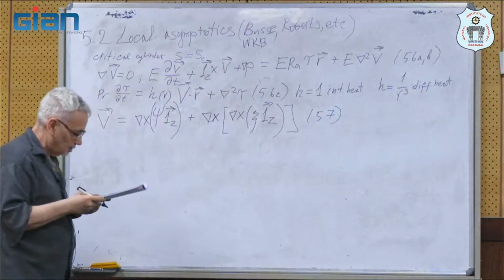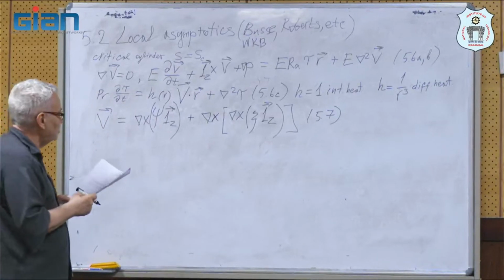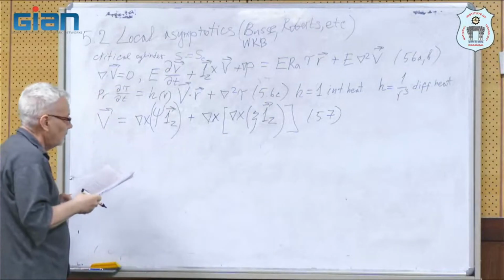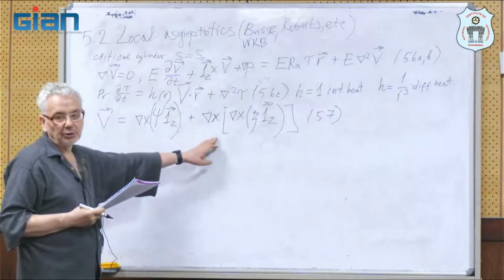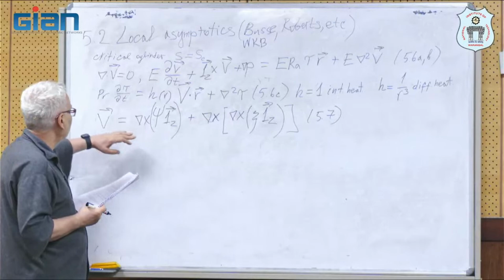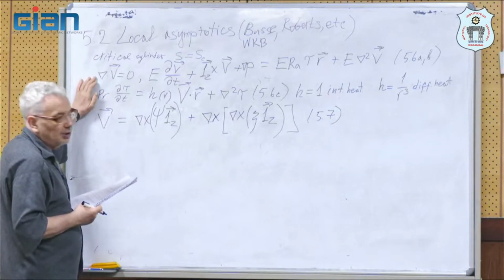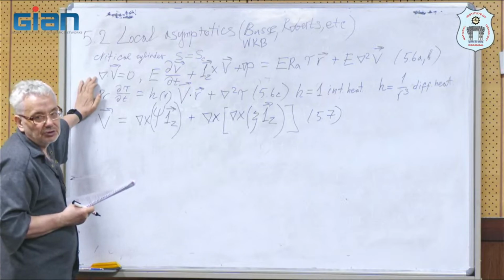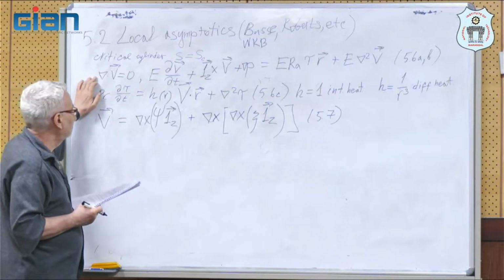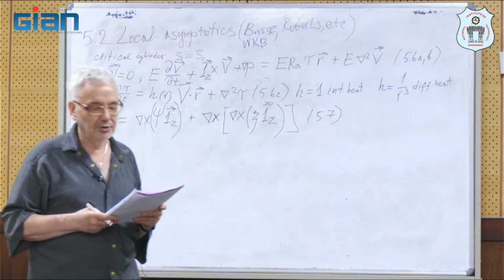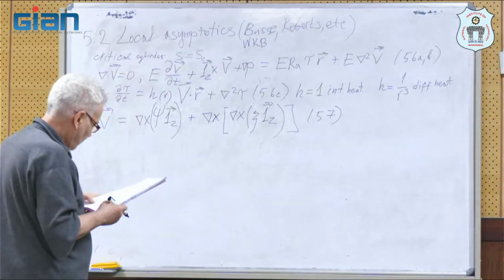In this standard toroidal-poloidal representation, it's actually a toroidal part and a poloidal part. You see that everywhere we have rotor. So this selection of the velocity field automatically satisfies the divergence condition. So we could get rid of at least one equation. So there is one equation less.